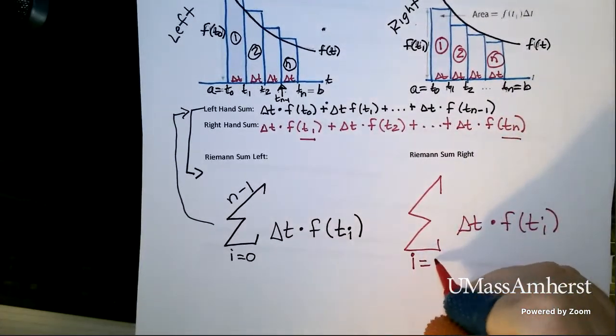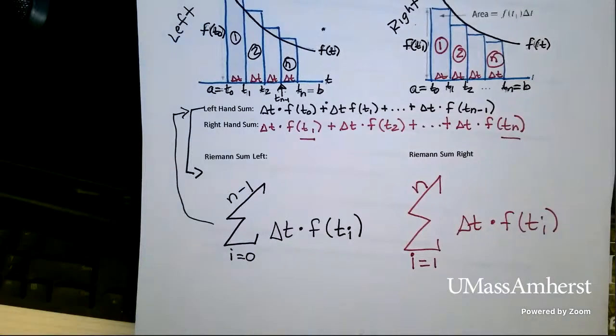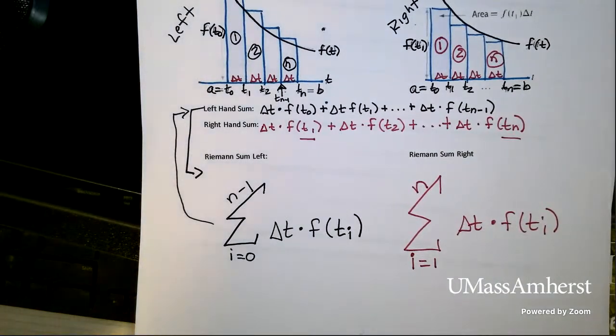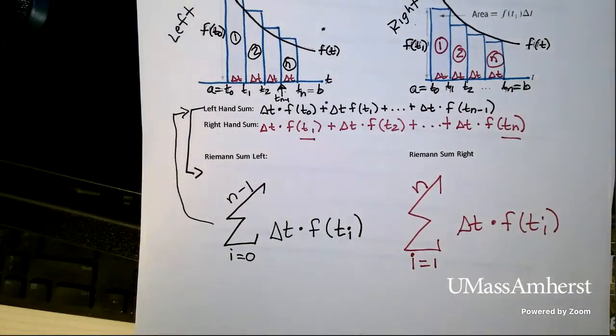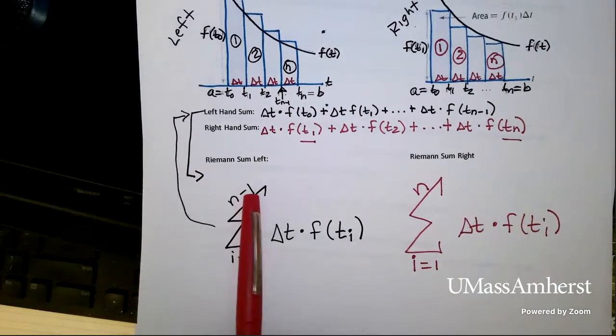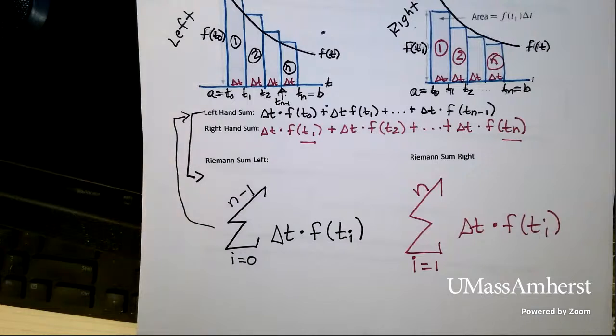So i equals 1 to n. So that is the difference between the right and the left-hand sum, is this index. The left starts at 0 and goes to n minus 1, whereas the right hand starts at 1 and goes until n.